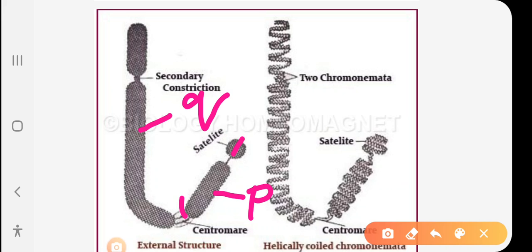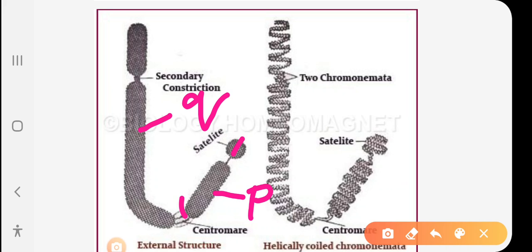The position of the centromere is very specific, very prominent, and very constant, right? So based on the centromere, it has two arms: the short arm is the P arm and the long arm is the Q arm.